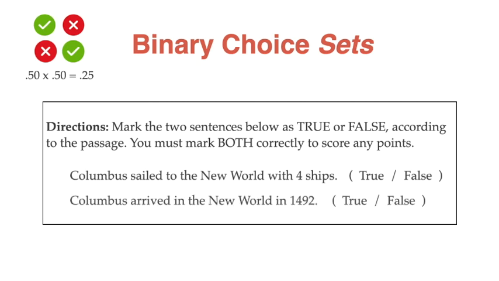This technique makes it more difficult to get points from guessing, but to work well, the sentences should be related in some way and should be of about equal difficulty. If possible, avoid putting an easy and difficult sentence together, or two sentences about quite different sections of a passage. We want to avoid students losing credit for a test item they can answer because they missed another, possibly more difficult item.